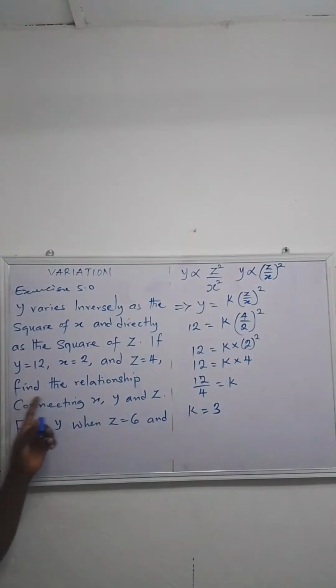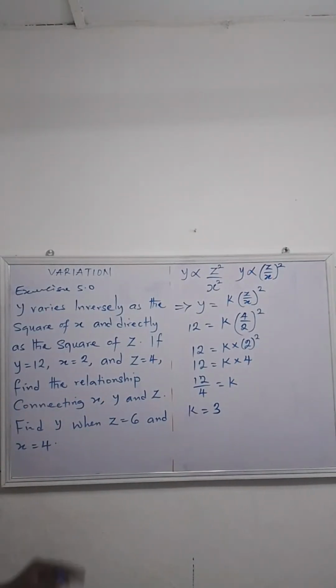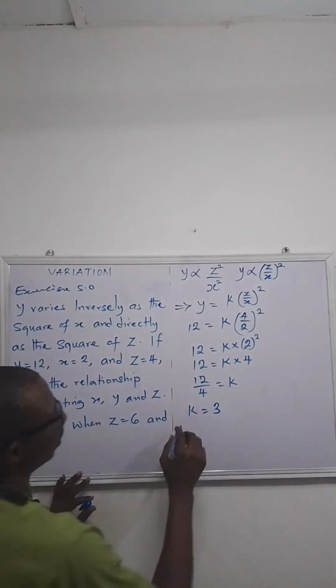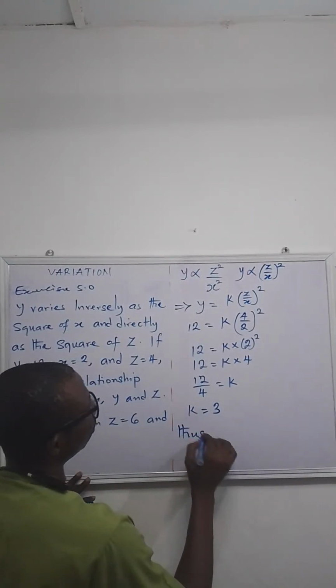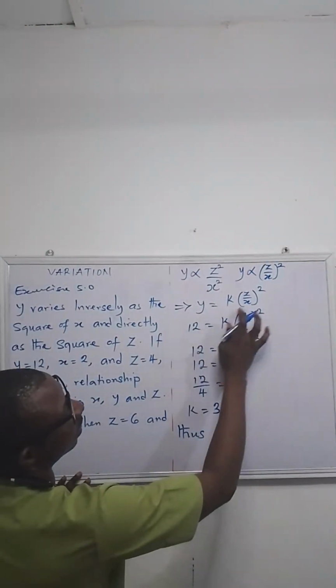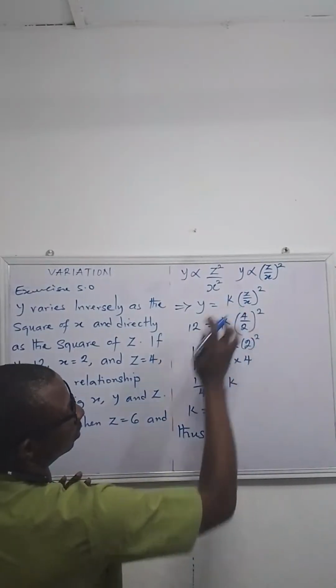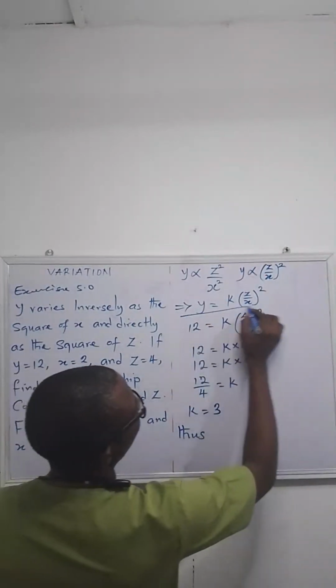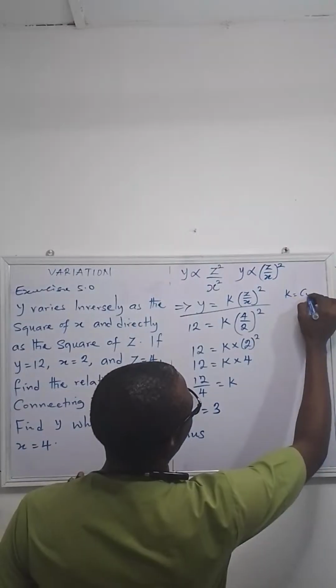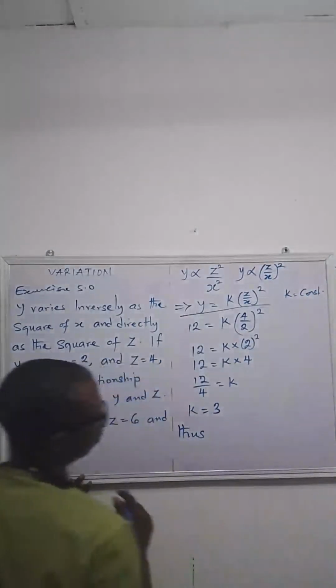So the question wants us to get the connecting formula. Okay, so we have, thus, I'm writing this out. k is changing, but don't forget we have to say k is a constant. It's very, very important, so don't let us forget that.